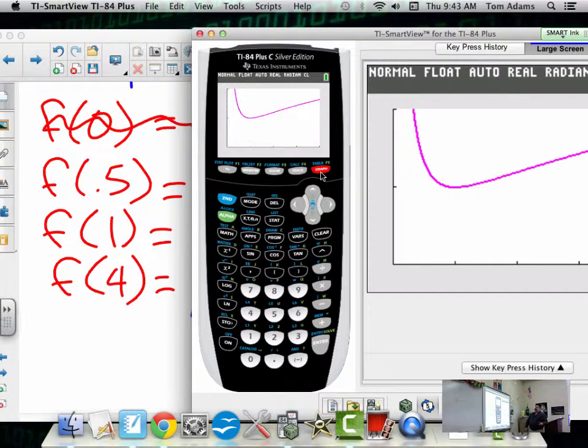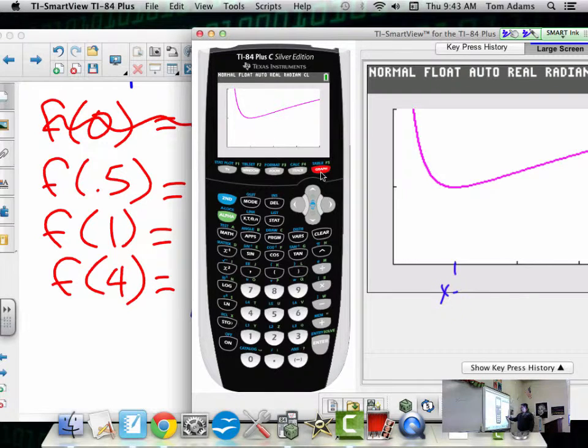Now remember, if you look at the graph, you can clearly see that right here, when x equals 1 and y equals 1, right here is the minimum. So that's the extreme minimum. But then we had x equals 0.5, and if you come up here, that was y equals 1.3.